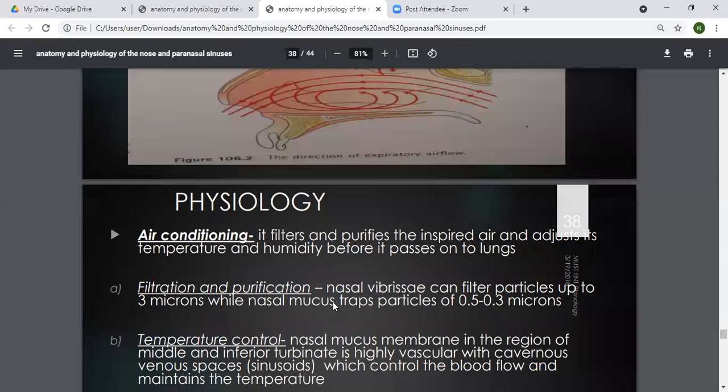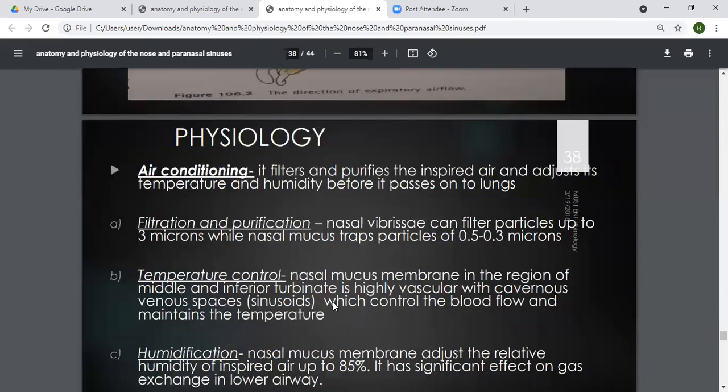So the other function that we had talked about was air conditioning. And this is done through the air that is breathed in. The nose is able to filter and purify it and then also adjust the temperature and humidity before it goes to the lungs, so that some microorganisms are filtered out by the nasal vibrissae, and this is around 0.3 to 0.5 microns.